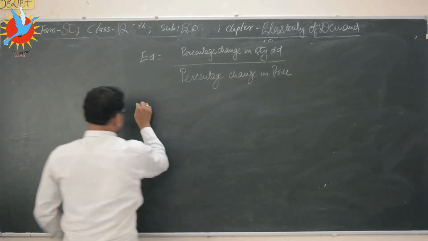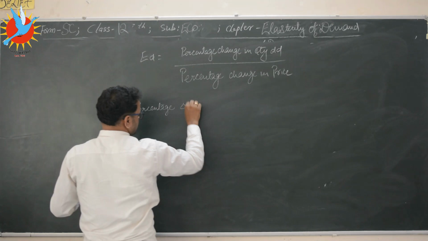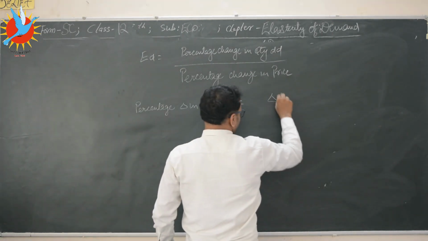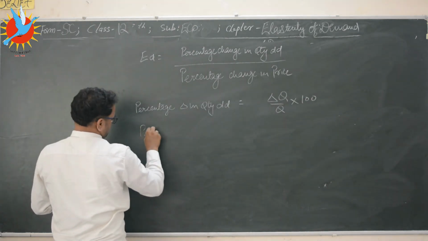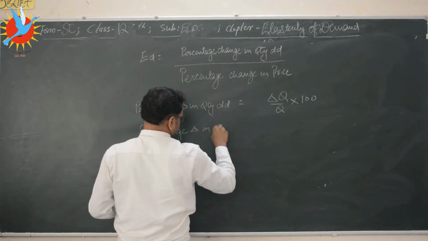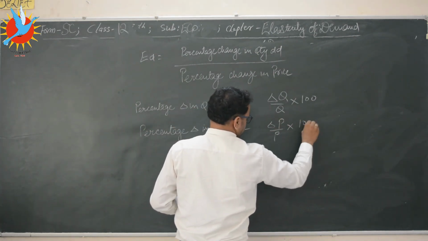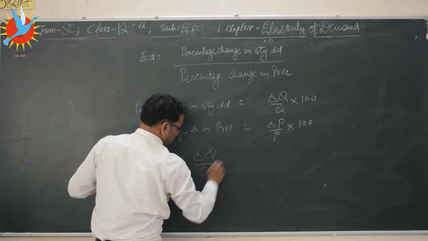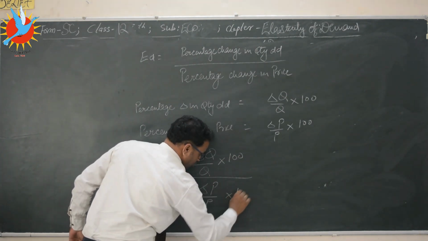So the percentage change in quantity demanded is equal to delta Q upon Q into 100. The percentage change in price is equal to delta P upon P into 100. So we can write it as delta Q upon Q into 100 divided by delta P upon P into 100.